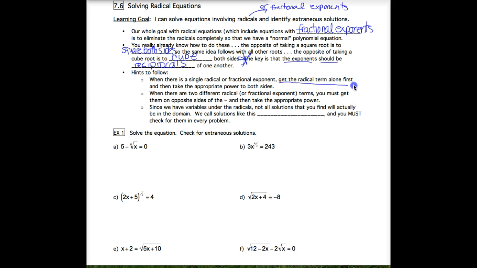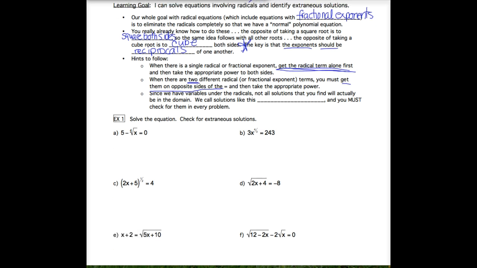You will have some equations where there are two different radical terms or fractional exponent terms. And if that's the case, you have to get them on opposite sides and then take the appropriate power. And I'll show you why when we get to one of those examples.